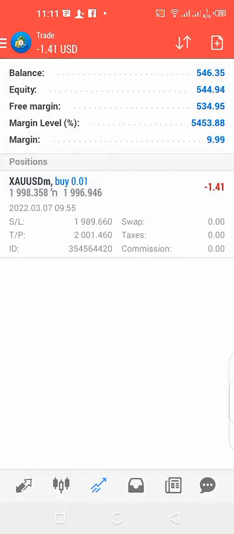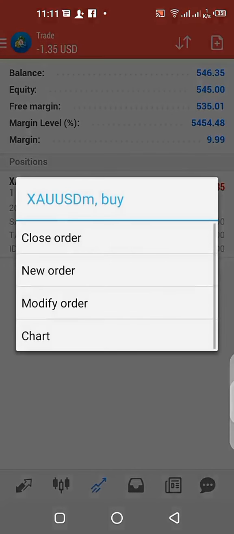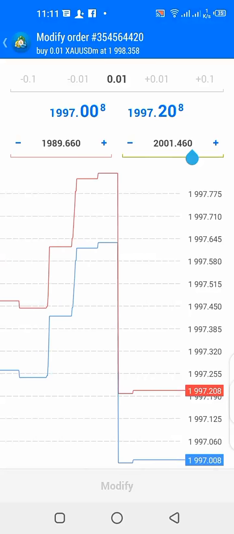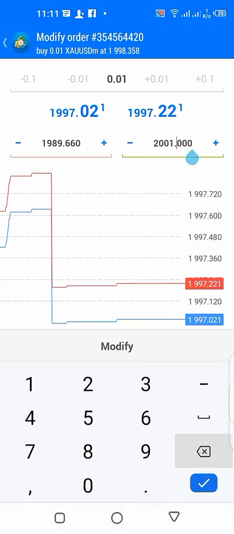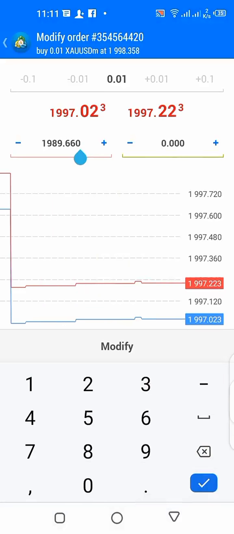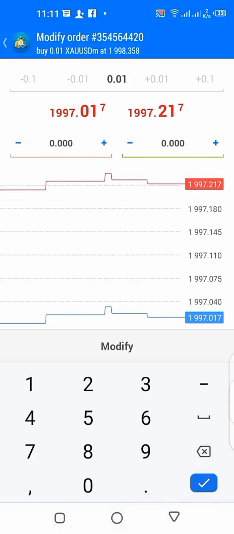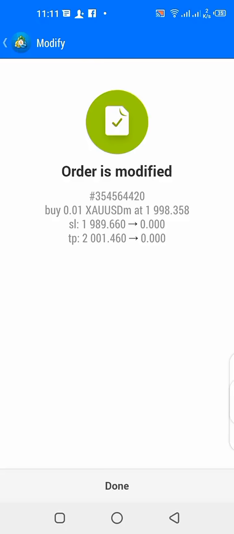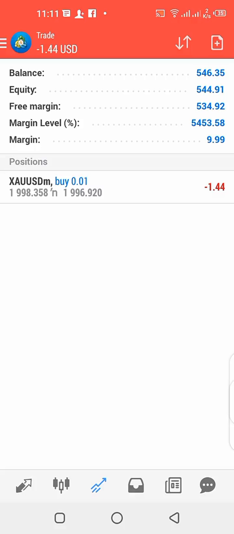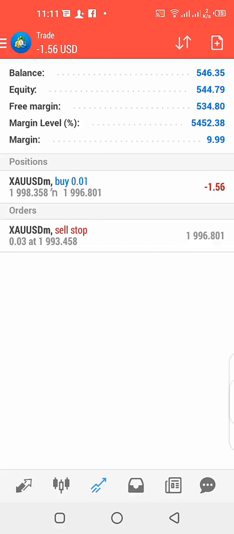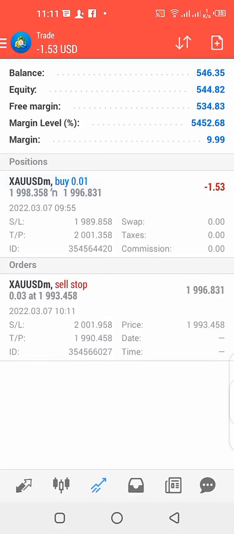See, the price is going up, so I closed the sell trade. I'm now adjusting the take profit and the stop loss. Okay, so I've closed the sell trade in profit.